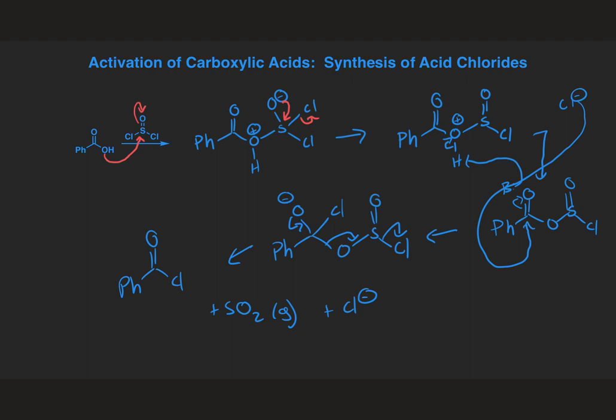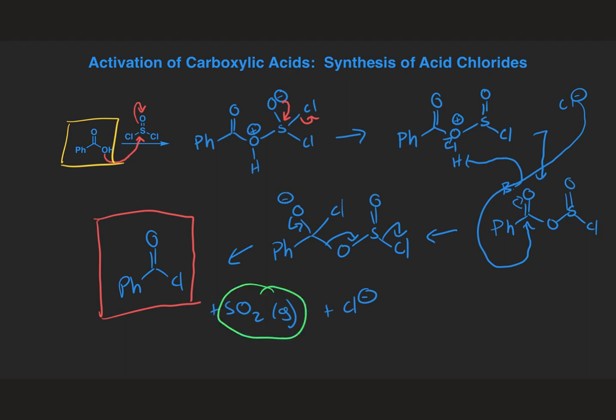And so this final product, the acid chloride, is more reactive than the starting carboxylic acid. But because in this reaction we form SO2 gas and the gas leaves, this is a driving force to form the more reactive acid chloride as opposed to the less reactive carboxylic acid.